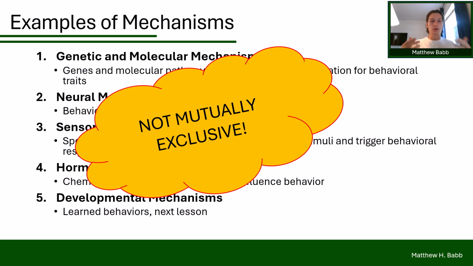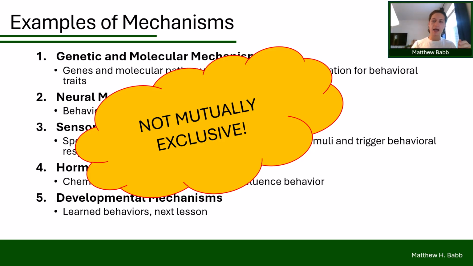Specifically, maybe it had to learn the song, or maybe it's in a breeding cycle. So all of these things can work together to ultimately influence behavior. Any single behavior usually involves multiple proximate mechanisms interacting rather than one single one working in isolation.